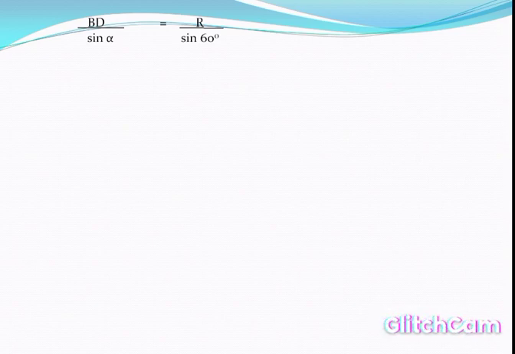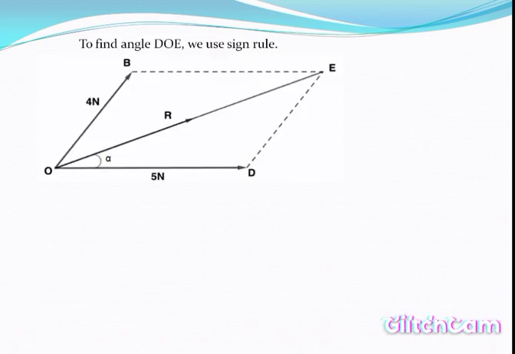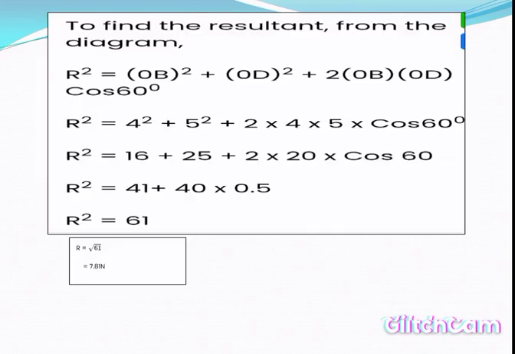So to get the angle that the resultant makes with OD, which is alpha, what you simply do is to find the side opposite to angle alpha. The side opposite to angle alpha is DE. So you take DE all over sine alpha equals the resultant, r, divided by the sine of the angle between the two vectors, which is 60 degrees.